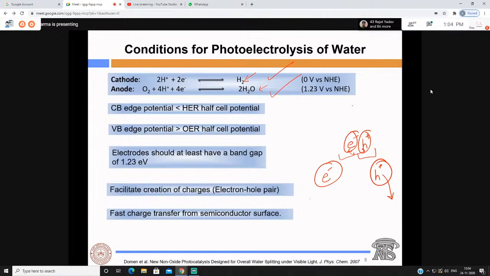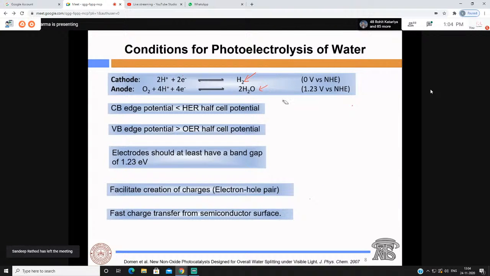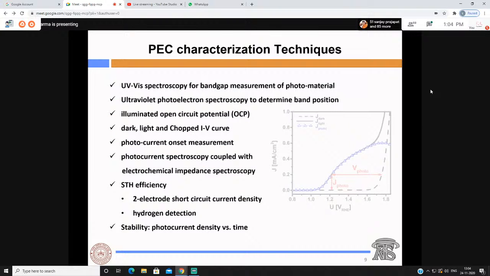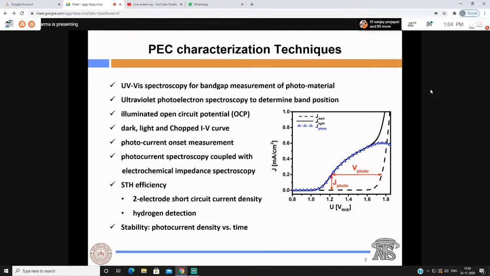Now, these are the conditions for how a system can respond to a particular material. If we come to the characterization, how do we characterize such a material from the experimental point of view?